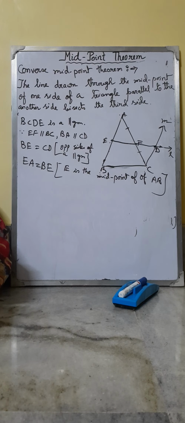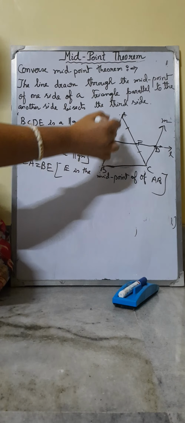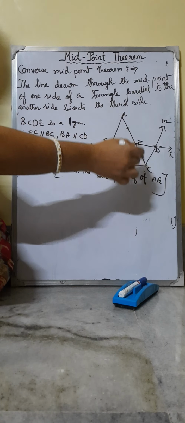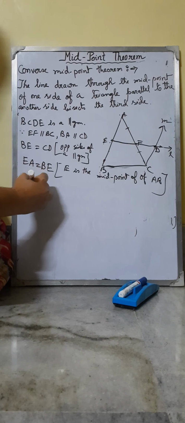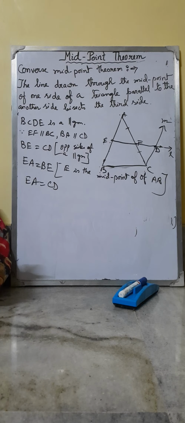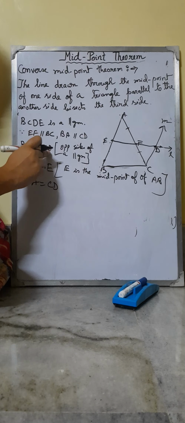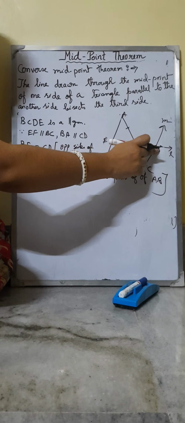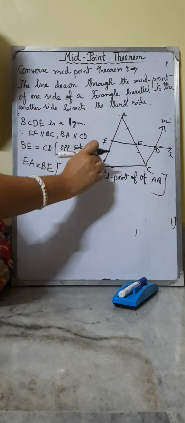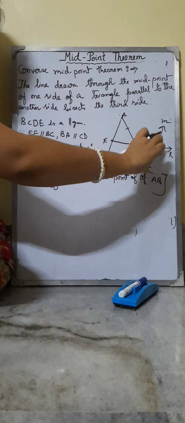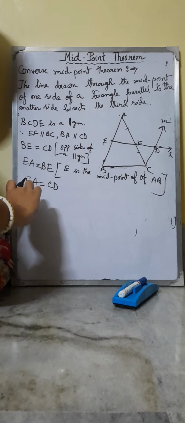Now see, EA equals BE and BE equals CD, so we can say that EA equals CD. In place of BE we can write AE also. So AE is also equal to CD.